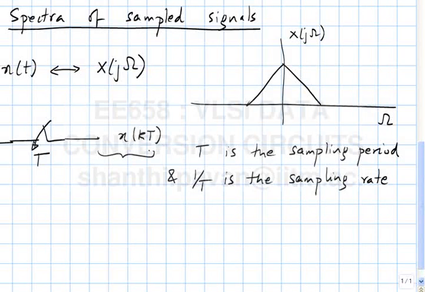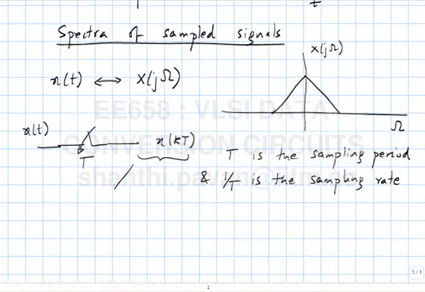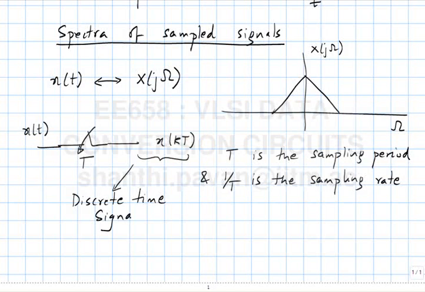This x of kT, which is a sequence of samples, is obviously a discrete time signal. And the discrete time signal will have its Fourier transform. So x of kT transforms to x of e to the j omega. This is the discrete time Fourier transform of the sequence x of kT.